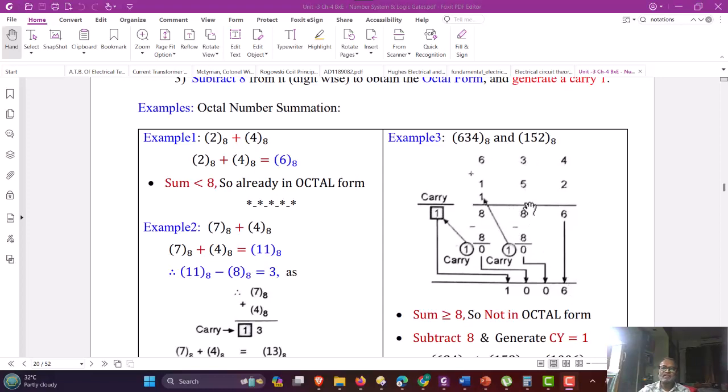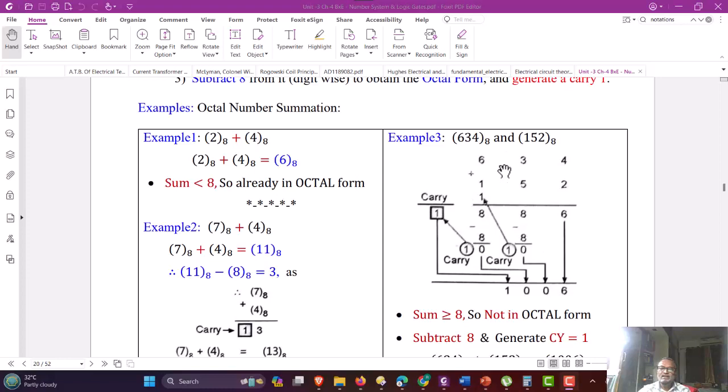This number is not in the octal number format, because octal numbers have 0 to 7 digits only. So what is the solution? We have to subtract 8 from it and generate a carry, right? So we will generate carry 1 here and subtract 8 from this. So 8 minus 8 is 0 and the carry generated will be here.